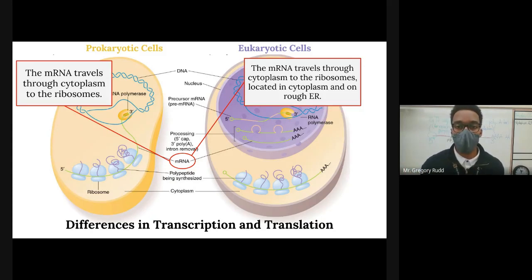But we also have some ribosomes that are attached to the rough ER. They stud the rough ER. You can't see any endoplasmic reticulum in this picture, but we should just know that there are ribosomes located on the ER as well.